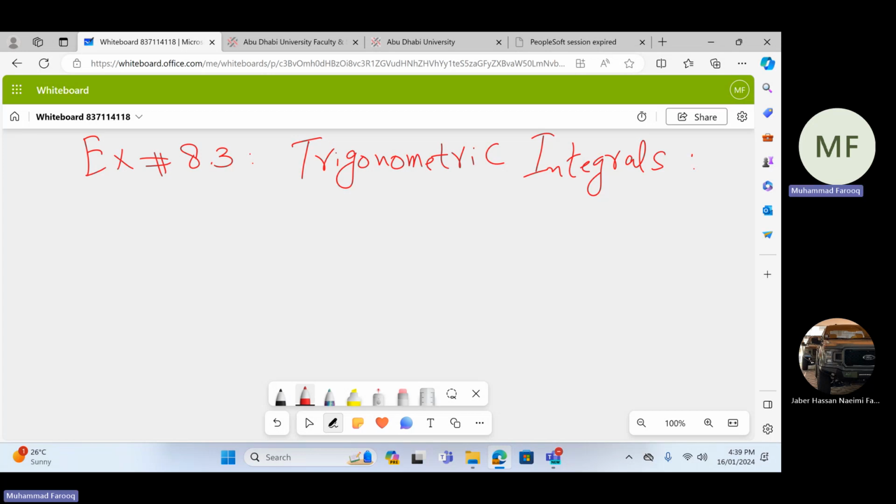If sine cosine have higher power, how can we integrate? Because all 3 pairs have different techniques to integrate. Sine cosine have one technique, tangent secant a different technique, and cosecant cotangent a different technique. That's why you have to divide into 3 parts, otherwise you cannot understand.